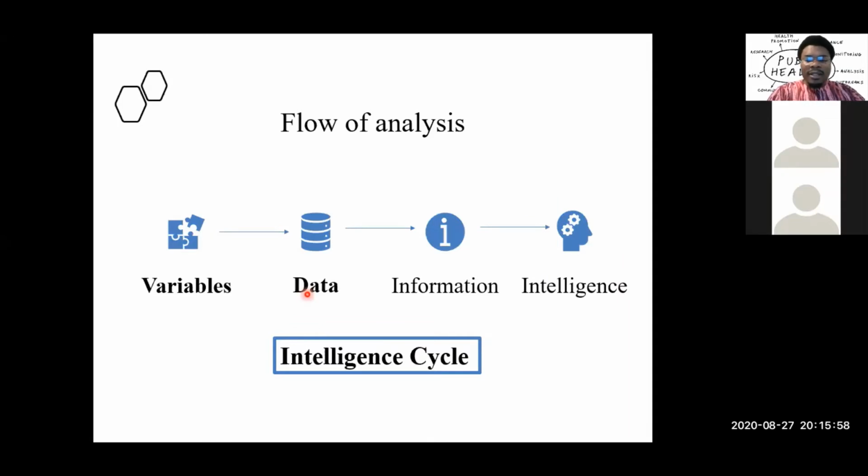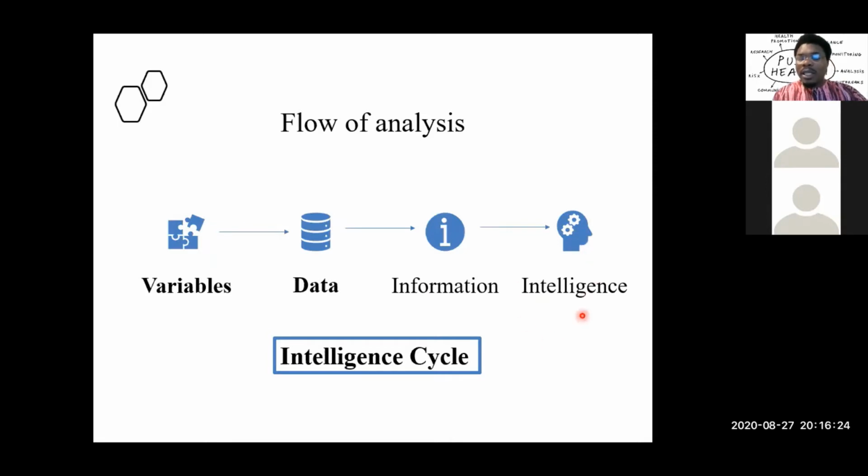And this is the intelligence cycle. For those of us who have been following this lecture series, this should be familiar. It shows us the flow of information in research. We begin with variables, and from the variables, we obtain data. From the data, we process to get information, and from information, we get intelligence.